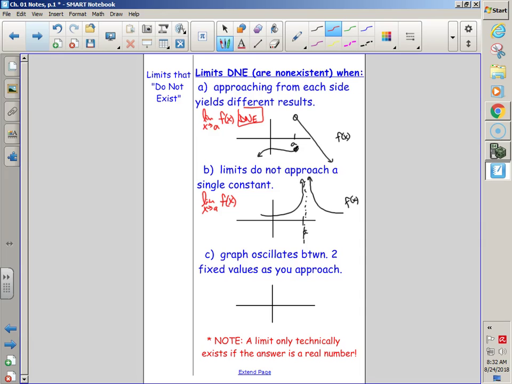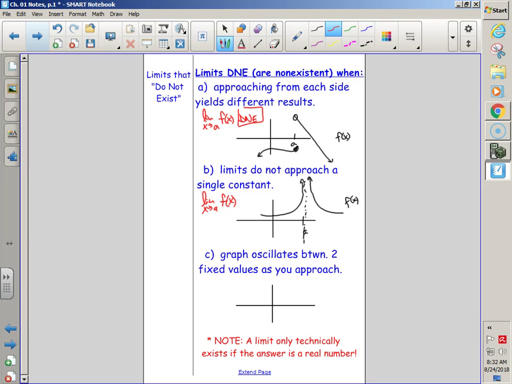A single number, a single constant. So here's the dilemma. As I come in towards A from either branch, from either side, from the west or from the east, they're approaching an infinite, ever increasing without bound height. Well, it's not a single height, right? So technically the limit does not exist.